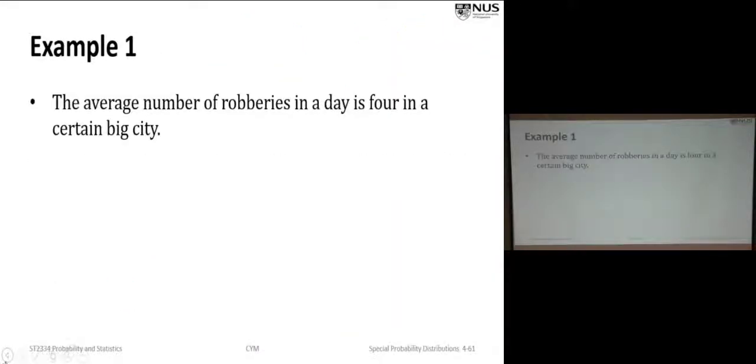All right, here are some examples. The average number of robberies in a day is 4 in a certain big city. In this case, you have to understand, it gives you a lot of information. First of all, we are talking about the number of robberies, and then we are told what the average is, and it's for a particular big city, in a day.